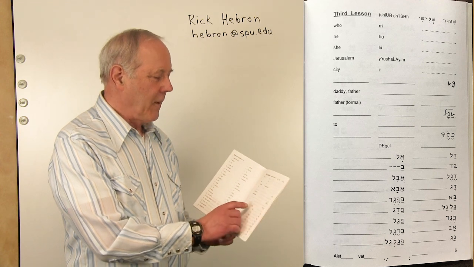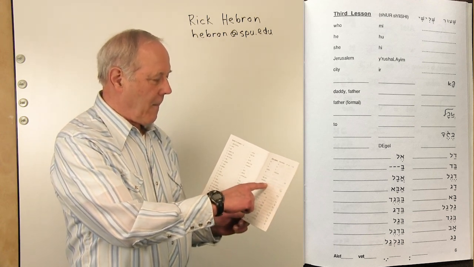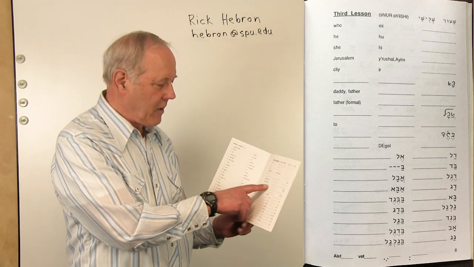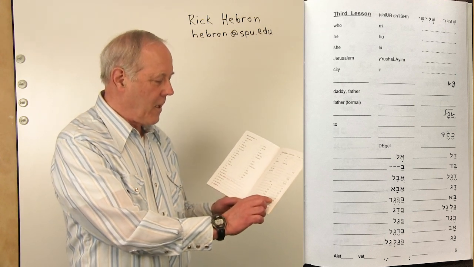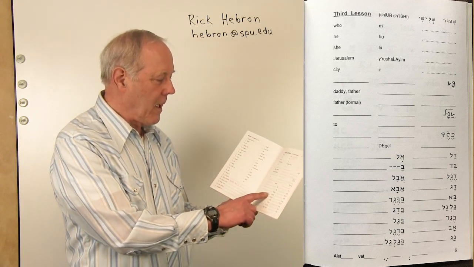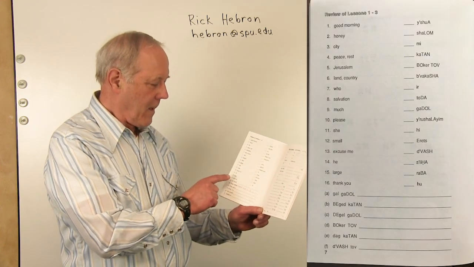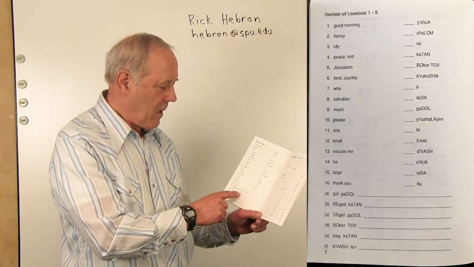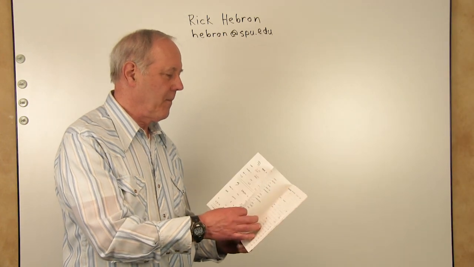So, in the way of homework, you can do the fill in the blanks that are on page 6, in the middle of the page, and you can translate from Hebrew to English on the bottom of the page. You can do matching on page 7 to the top part of the page and go from Hebrew to English at the bottom of the page.